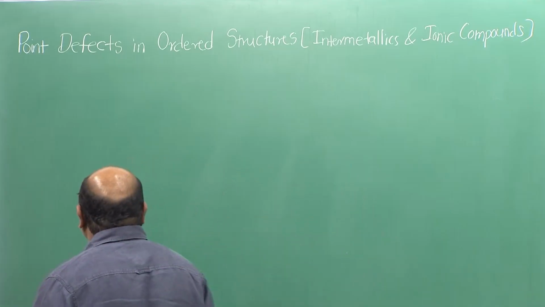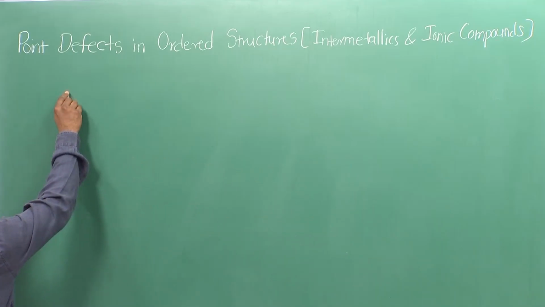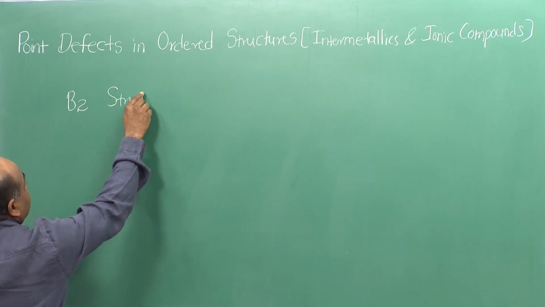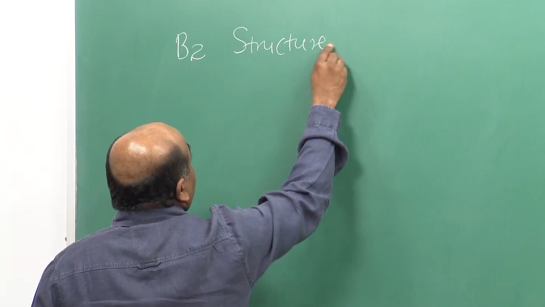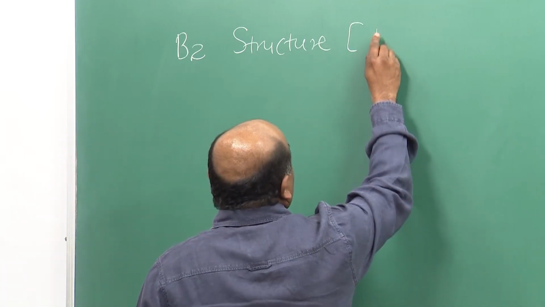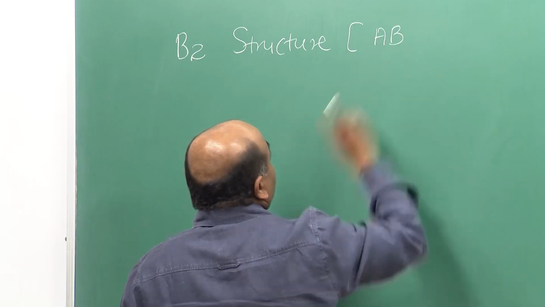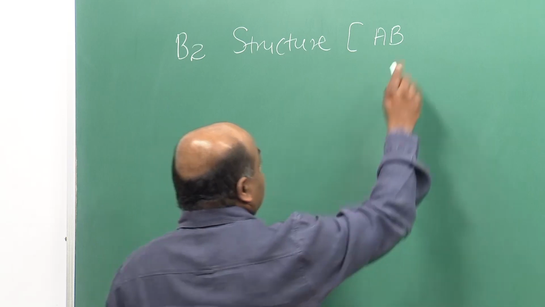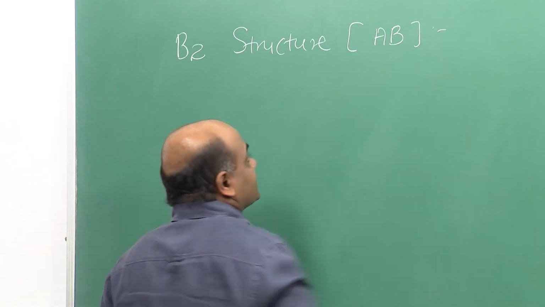So, first let us take a look at a couple of important ordered structures. The first one is called a B2 structure, and the intermetallic compounds with a stoichiometry of the form AB exhibit this type of crystal structure.